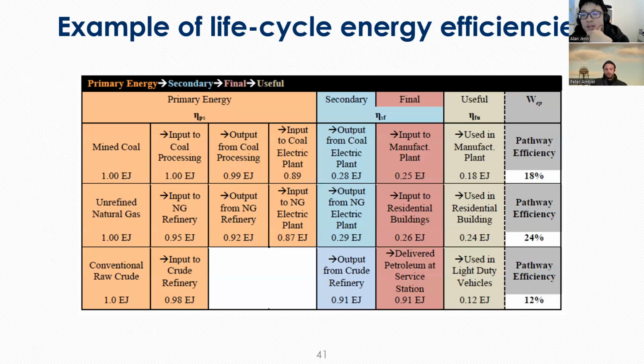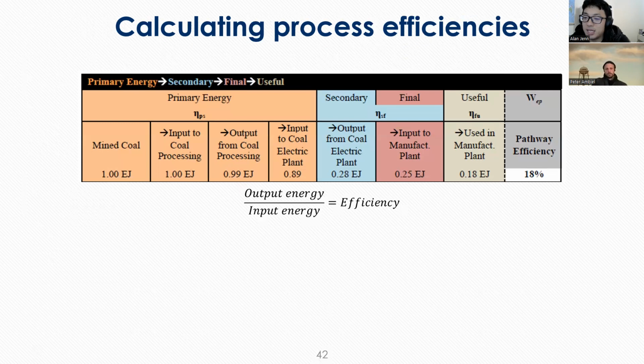But then from coal to electricity, you're losing 0.71 exajoules, quite a bit larger loss than the previous ones. We can actually calculate this, as I was mentioning before. Efficiency is just your output over your input energy.